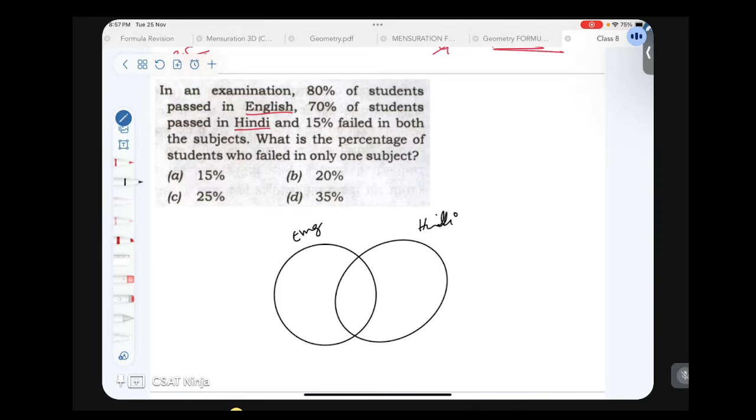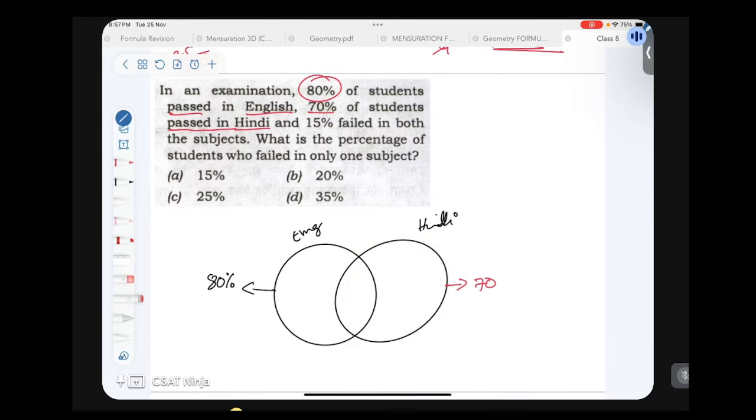The question says the ones who have passed in English is 80%. This whole thing is nothing but 80%. And next, 70% of the students passed in Hindi. This one is 70%. That means this area is 70%.